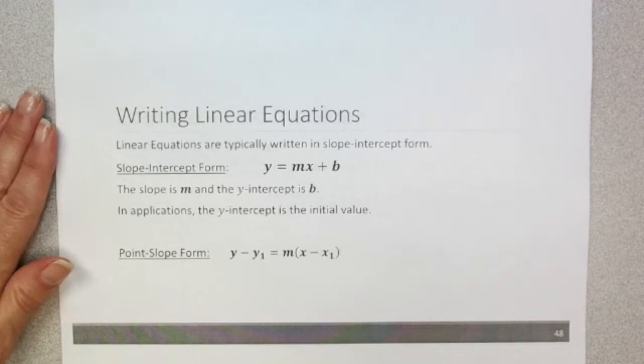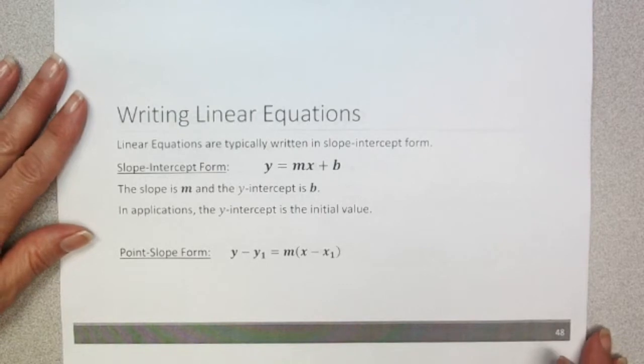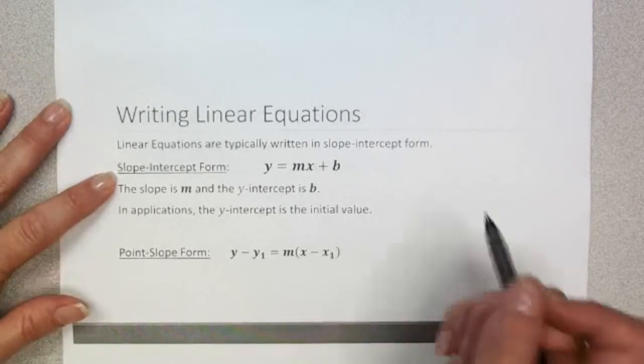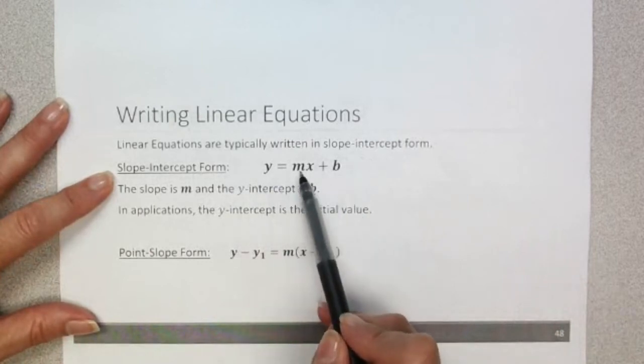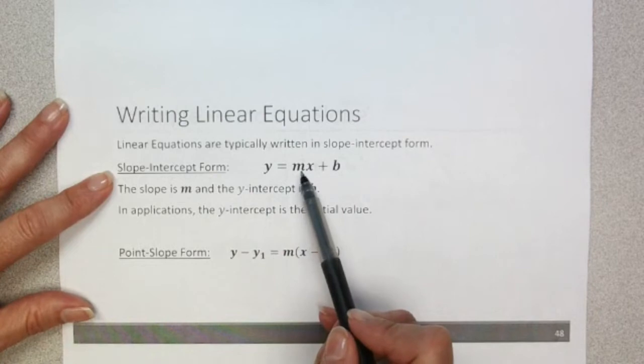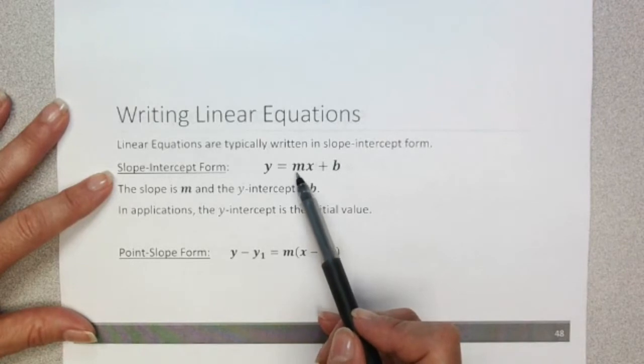All right, when we write a linear equation, there are three forms that equation can take. The first and by far the most useful form is the slope-intercept form. y equals mx plus b, where m is the slope of the line, or the rate of change between 2 points on that line, right?